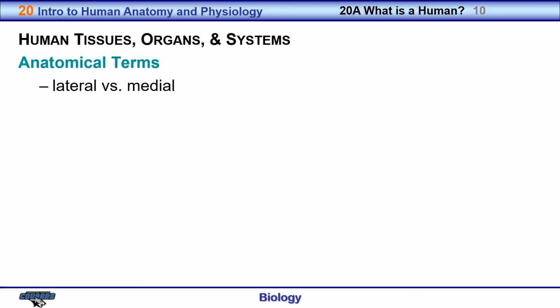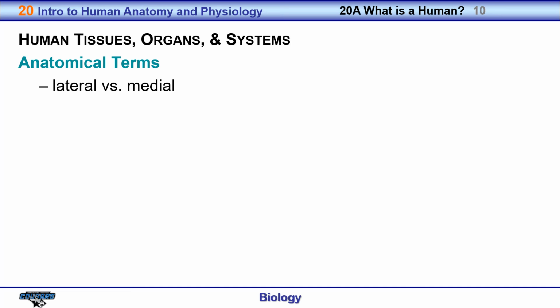So the first pair of terms that we want to talk about is lateral and medial. Lateral means towards the side. If you think of the word in football, you can lateral to a teammate to the side. So lateral means to the side of an imaginary line that divides the body into halves. And then we have medial. Medial is closer to the midline.